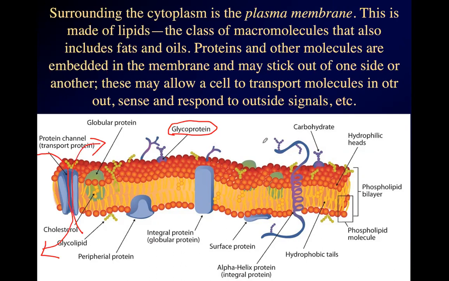Some of these are sensory proteins. We've seen some of these before. They will bond with something else and bring it into the cell or cause a change inside the cell so the cell can respond to the outside. There's lots of different things that these can do.